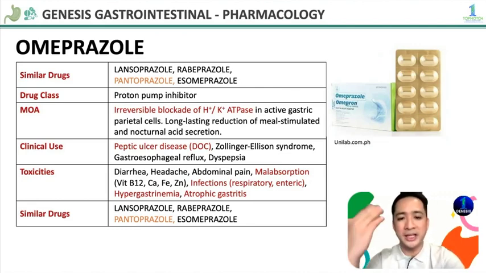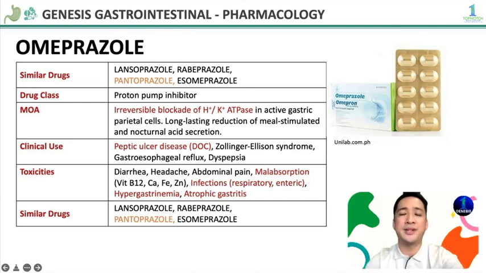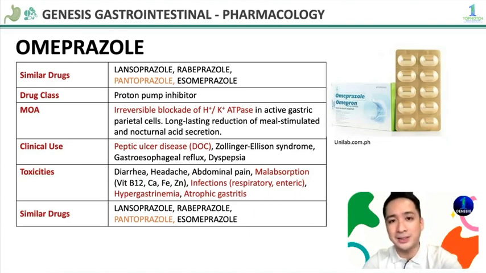It is also associated with respiratory tract infections, hypergastrinemia as a compensatory mechanism because of a decreased level of hydrochloric acid, and atrophic gastritis. Remember that your gastric mucosa requires an acidic environment in order to grow and to thrive.